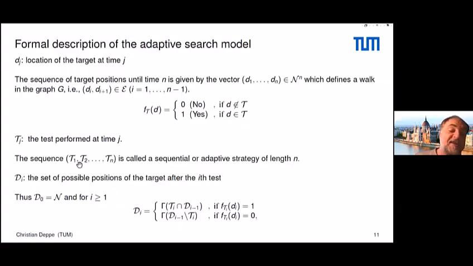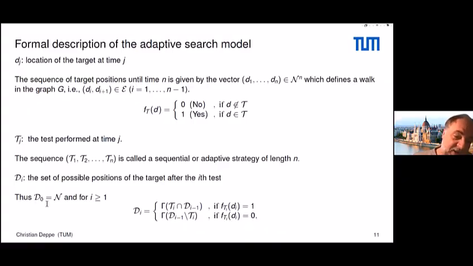Because of the answer to T_1, we can perhaps reduce the number of possible positions. For example, if we ask for half of the positions, and we know that the element moves by one edge, then of course we can reduce the number of possible positions, and we denote them by D_i.